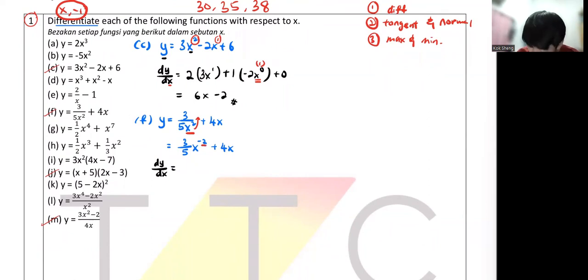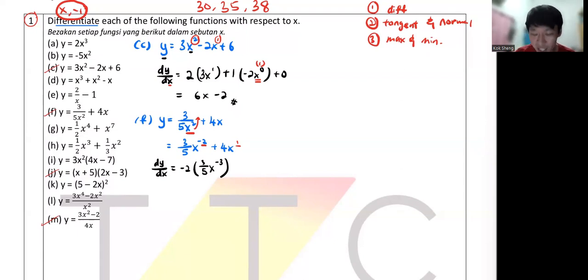This is negative 2, and this is 1. So we can times it and then minus 1. Negative 2 times with 3 over 5x, and the negative 2 itself, you need to minus 1. Negative 2 minus 1, so you get negative 3.